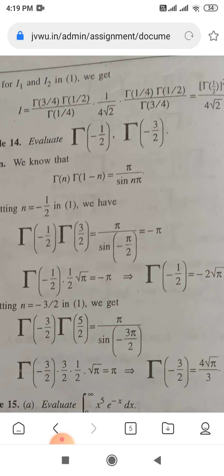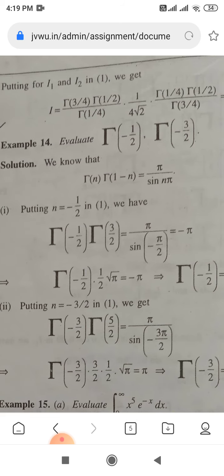So we know the duplication formula: gamma n gamma 1 minus n is equal to pi upon sin n pi. In this problem we have to use this formula.